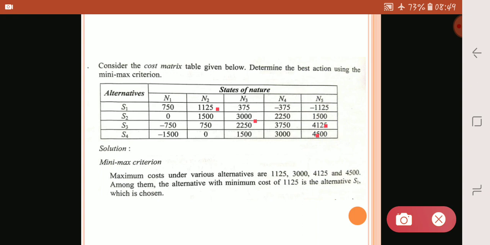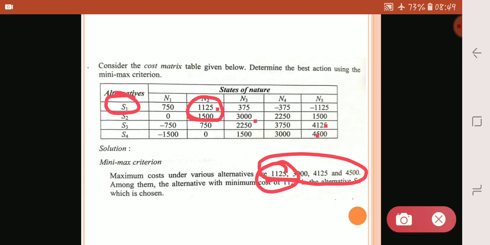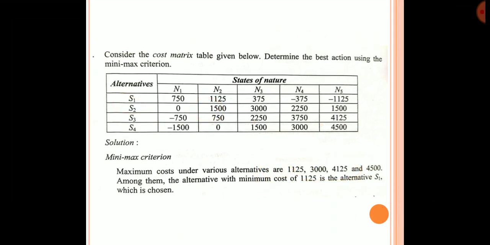So from this 4 we have to select the minimum value. So from this 4 the minimum value is 1125, and this 1125 is related with S1. So S1 will be chosen. This is how you do for the minimax criterion.